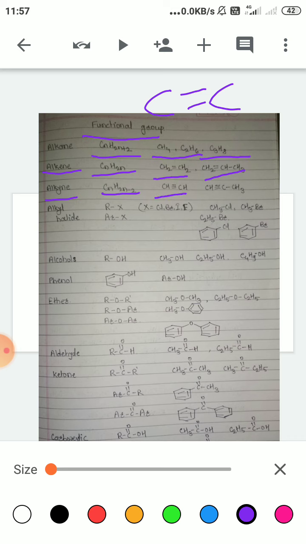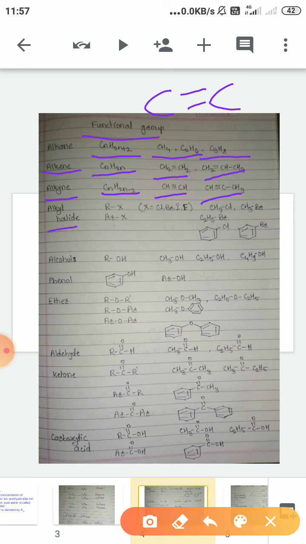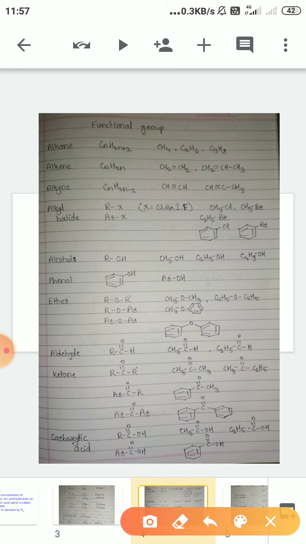For example, acetylene, or we can also say ethyne, then propyne. The next functional group is alkyl halides. If one or more hydrogen atoms of an alkane, or of any hydrocarbon, are replaced by halogen atoms, then such a functional group is called alkyl halides.